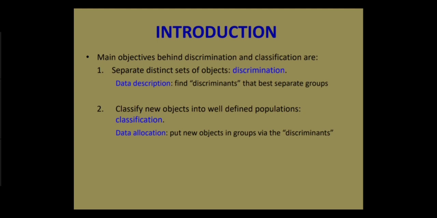We describe the features of the observations that will separate the groups, and we classify the new observation or new object to be allocated to which group or which population using the discriminator. Okay, that is the introduction to discrimination and classification.